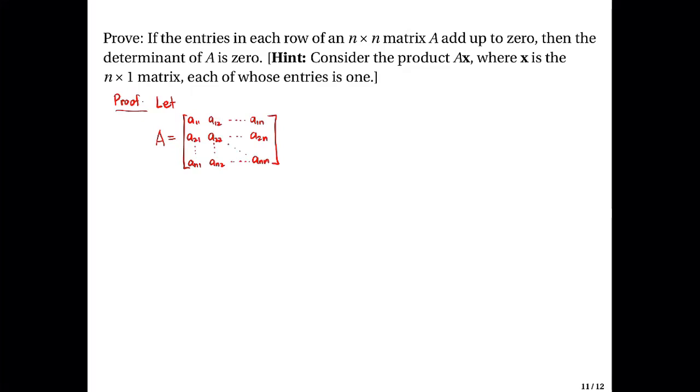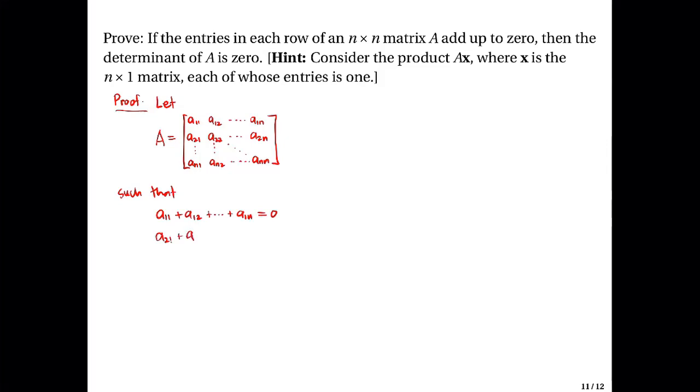So let this matrix be our n by n matrix, such that according to this, the entries in each row add up to 0. So you have A11 plus A12 plus until A1n, this is equal to 0.